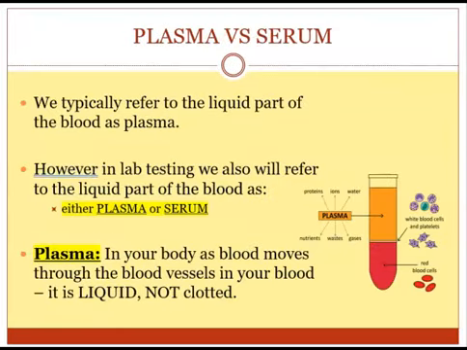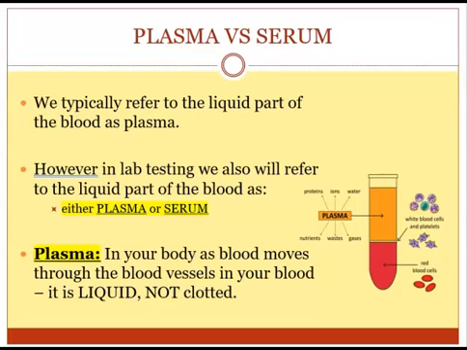Now that you know what plasma is, let's talk about the difference between plasma and serum. Sometimes you'll hear those terms used interchangeably, but there's actually a difference between plasma and serum. We typically refer to the liquid part of the blood when it's inside the vessels of the body as plasma.